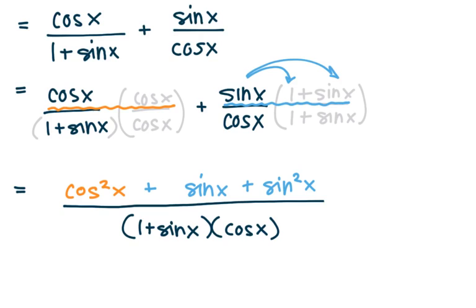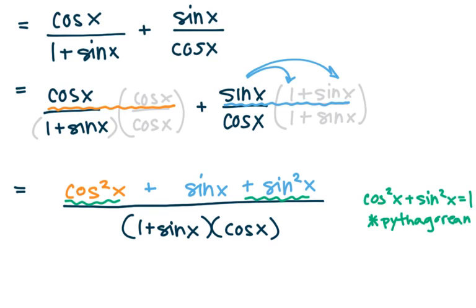And hopefully, some of you are looking at it and recognizing that I've got cosine squared x plus sine squared x. And what do we know about cosine squared x plus sine squared x? We know it's equal to 1, and that is a Pythagorean identity.